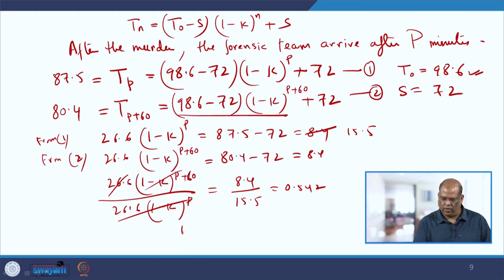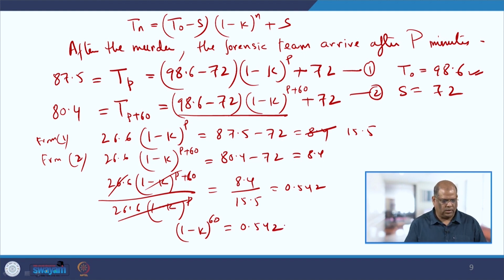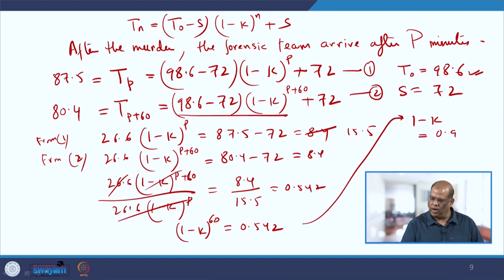So, you are left with (1 minus k) to the power 60 is equal to 0.542. So, you take log both sides and simplify, and you will get 1 minus k is equal to 0.9898, and this will give you k equal to 0.0101.